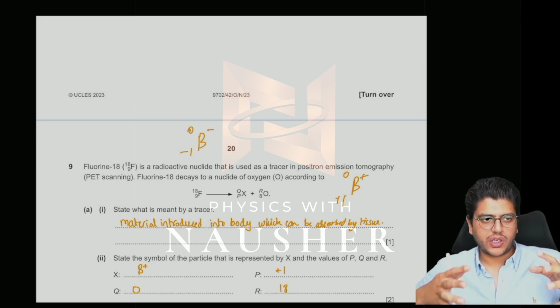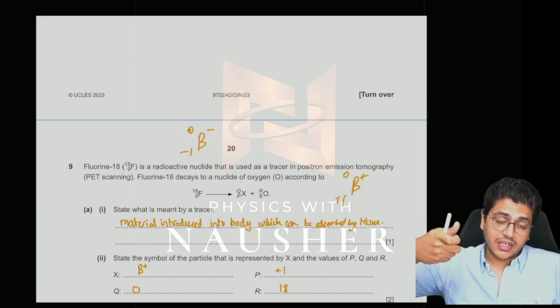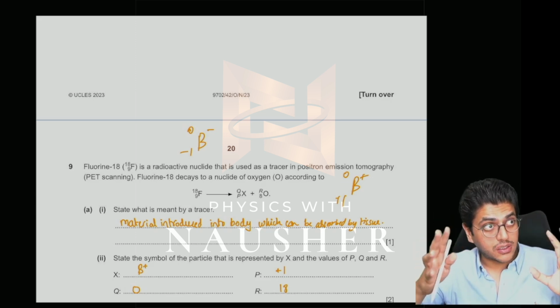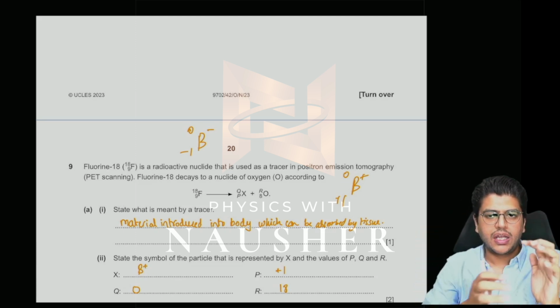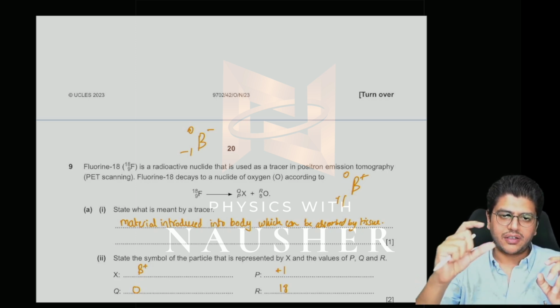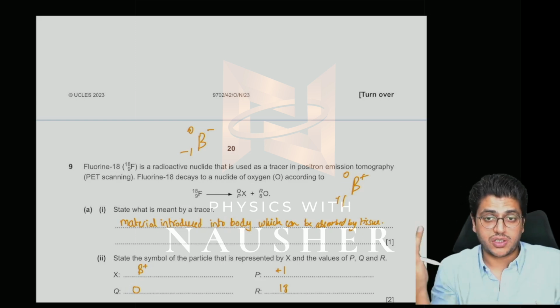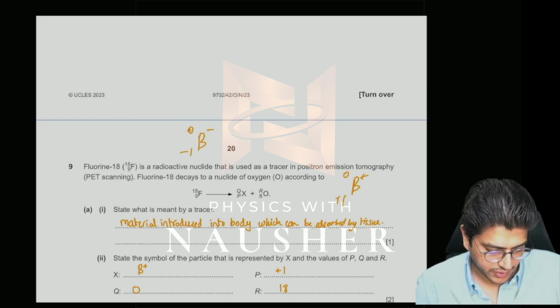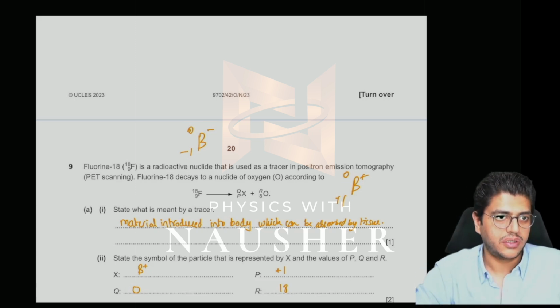It's called tracer because it has to trace or bind to the tissue. When it binds to the tissue, the tracer is like a car, and inside the car you have this little ball of radioactive nuclei, which then does the magic. So fluorine-18 is carried by the tracer.